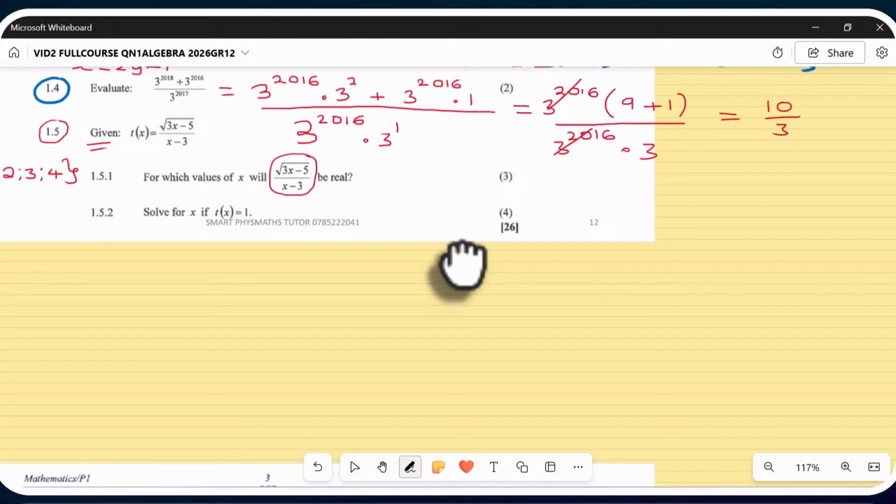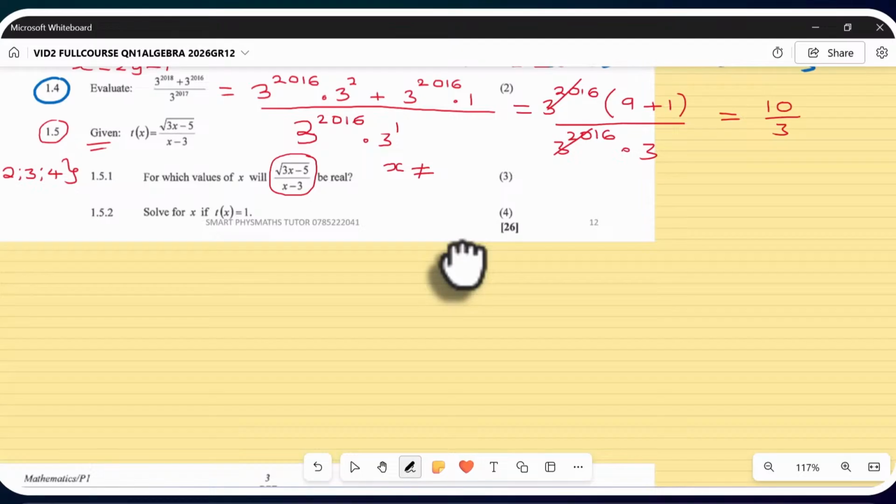Then they say solve for x if t of x equals 1. So now here, I'm going to equate to 1. Wherever I have t of x, I'm going to put that expression and then equate to 1.